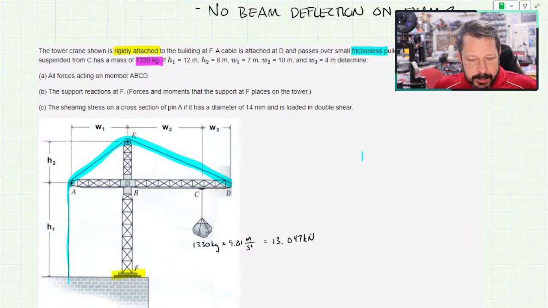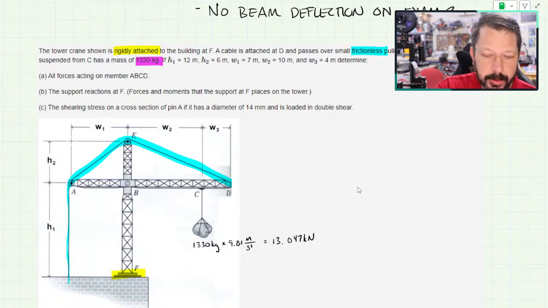We have some dimensions here, and what we're supposed to find are the forces acting on A, B, C, D, the reaction at F, the shear stress on a cross section of a pin at A over there on the left hand side, and so on. It has double shear, all that kind of stuff. So let's draw the whole free body diagram.